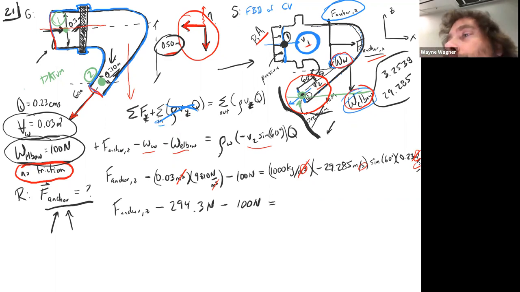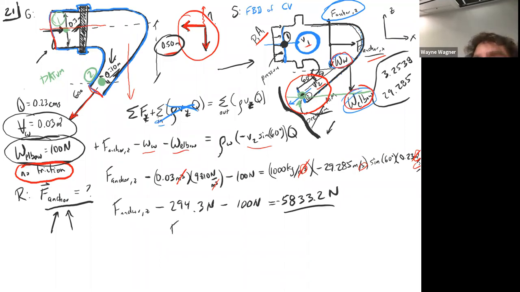Okay, so that's negative 5,833.2 newtons. So it should be clear right off the bat that in this case, at least, that's the dominant term. So we're going to end up getting a negative sign for F anchor Z.